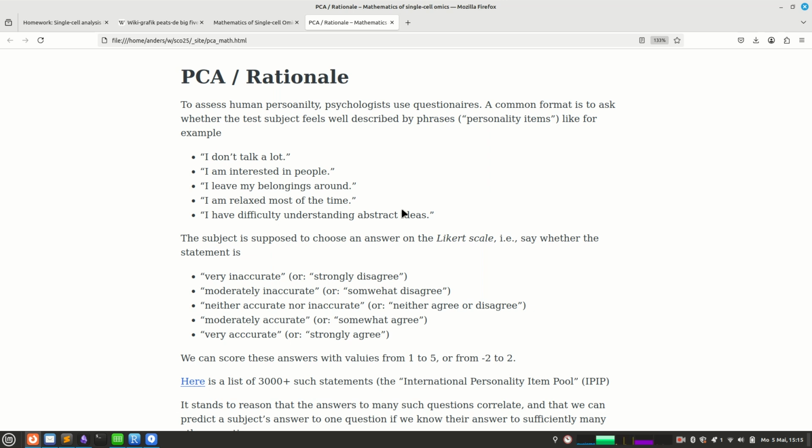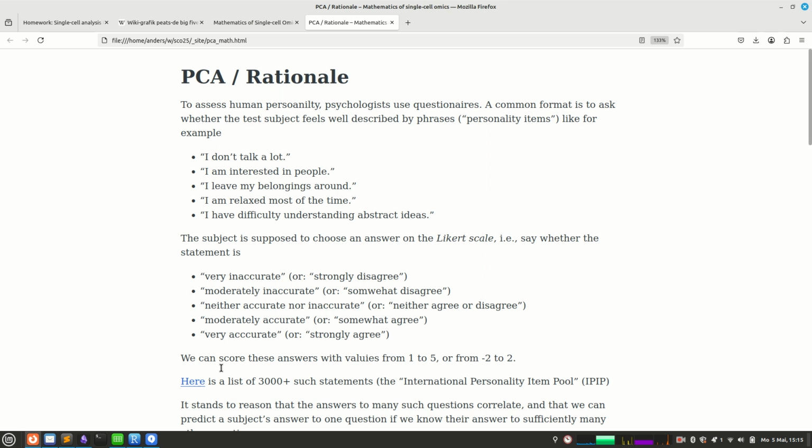I am interested in people. I leave my belongings around. I'm relaxed most of the time. And the subjects are then supposed to answer along what we call a Likert scale. This is the usual scale with 5 buttons where they can say, yeah, this doesn't fit me at all, that not really fits me, that may not fit, that fits well, and that clearly describes me. And along this axis from -2 to +2, you describe your thing. And you get a questionnaire of a long number of things.